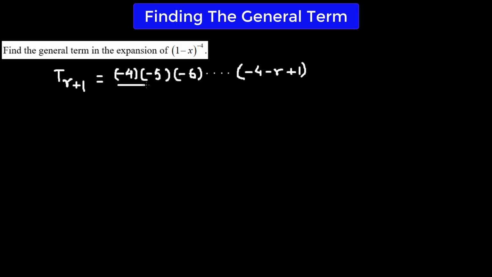So here we have the expression 1 minus x raised to the power of negative 4. So the general term will be t r plus 1 equals n, which is negative 4, times n minus 1, so that is negative 5, times n minus 2, which is negative 6, all the way up to n minus r plus 1 divided by r factorial times x raised to the power r.